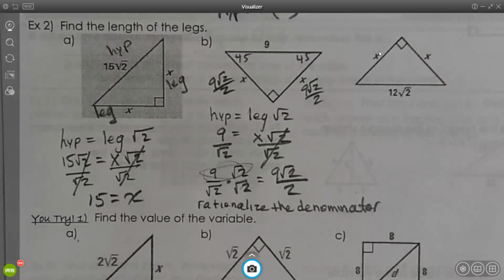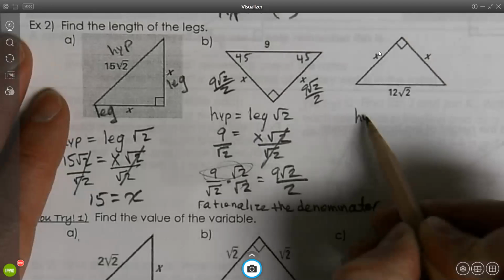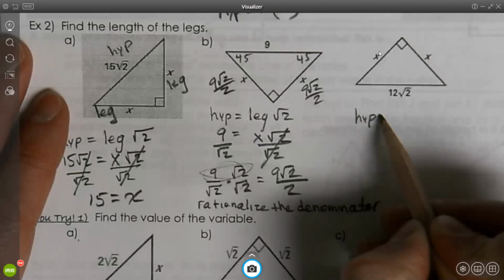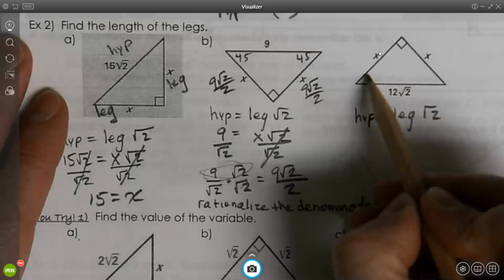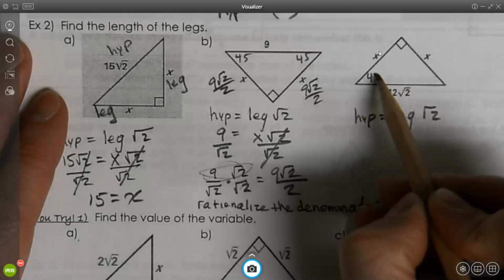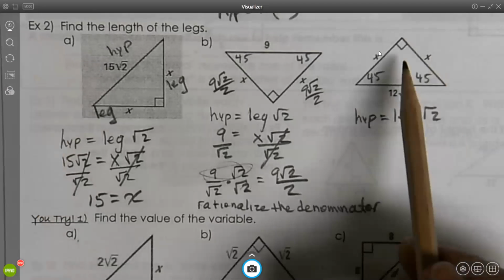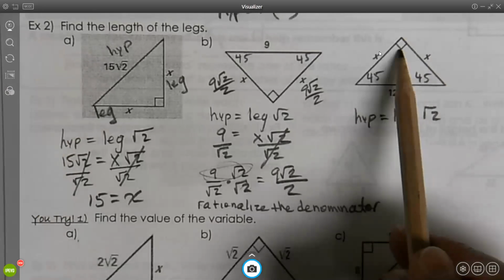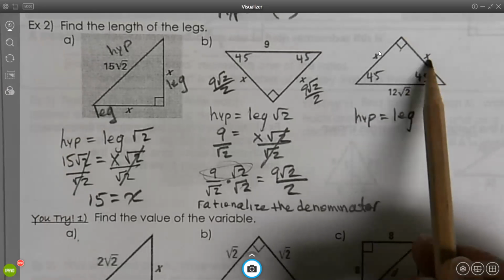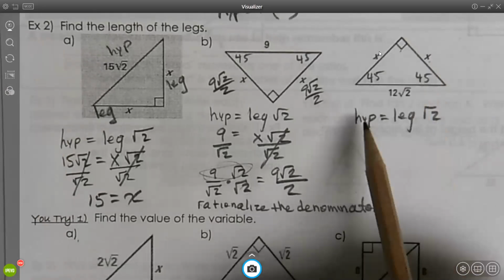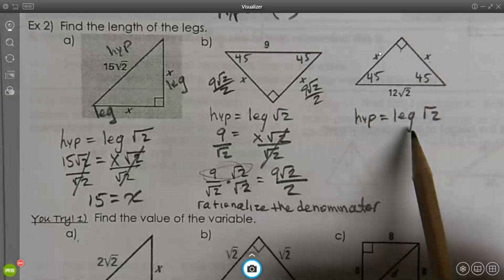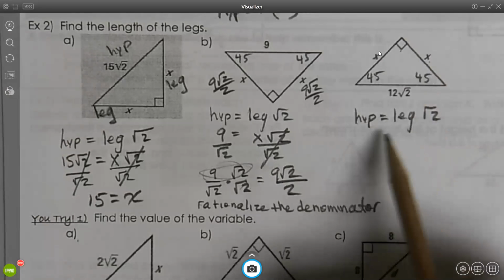All right, this next one. The hypotenuse equals the leg times √2, because it's a 45, 45, 90 triangle, and we know that because it's a right angle with 2 legs the same length, so it has to be 45, 45, 90. So we're going to use our 45, 45, 90 rule, which is hypotenuse equals leg √2.